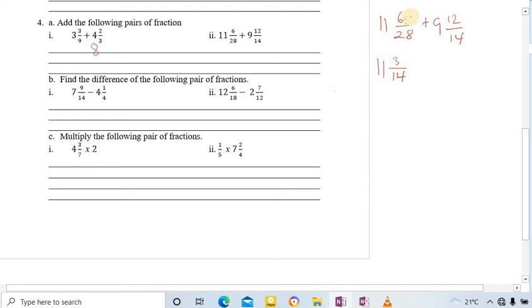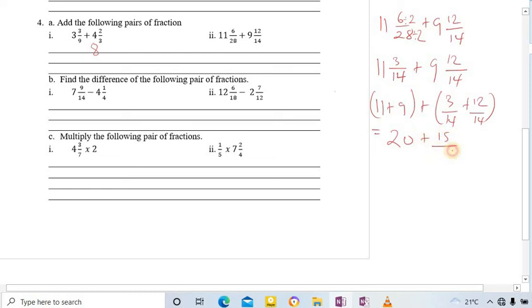So divide by 2, divide by 2. 3 over 14, and 9 whole number 12 over 14. There's no need trying to break this guy down, since though it's possible, you want to have like fractions to make your addition easy. So that would be 11 plus 9 plus 3 over 14 plus 12 over 14. That would be equal to 20 plus 15 over 14.